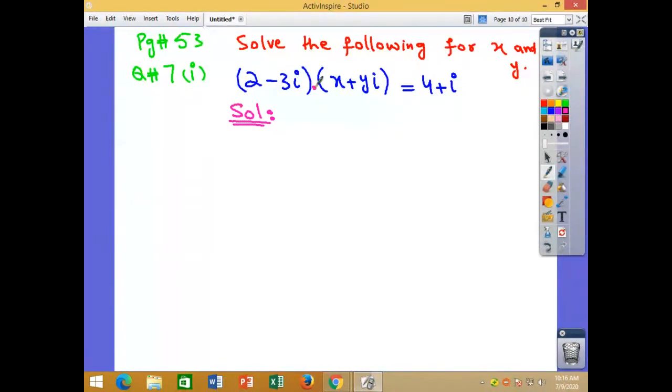First of all, in this question we see that on the left hand side we have two complex numbers which are multiplied with each other. We write (x + y iota) = 4 + iota. Here on the left hand side, 2 + 3 iota is multiplied with x + y iota.